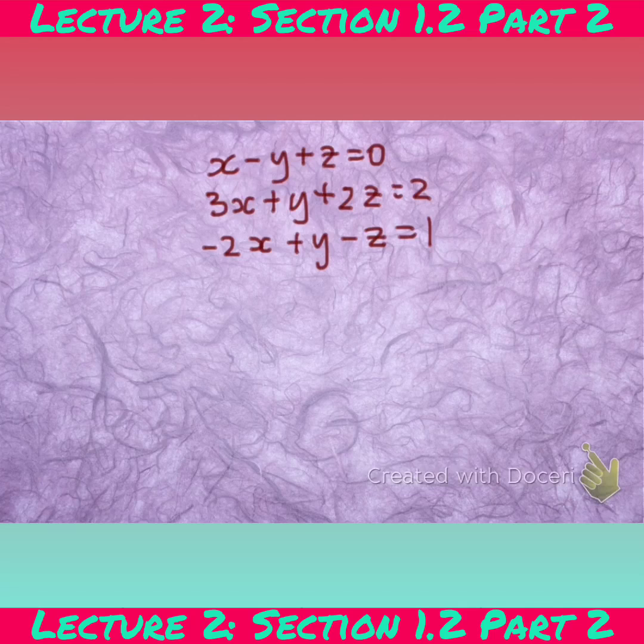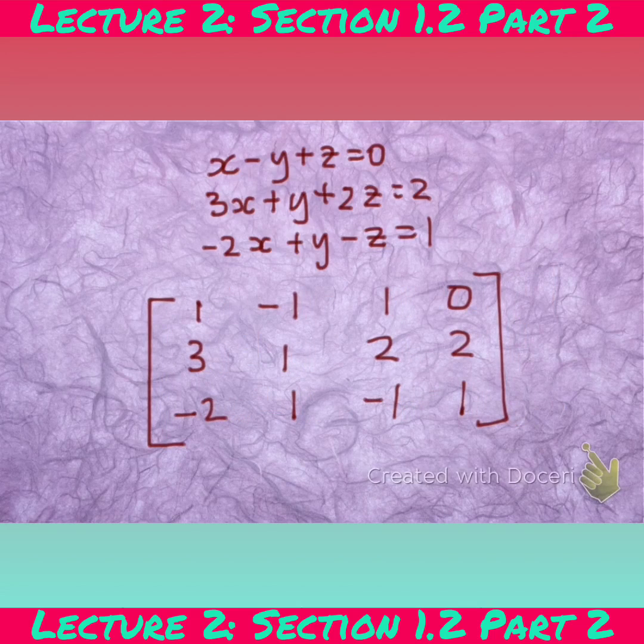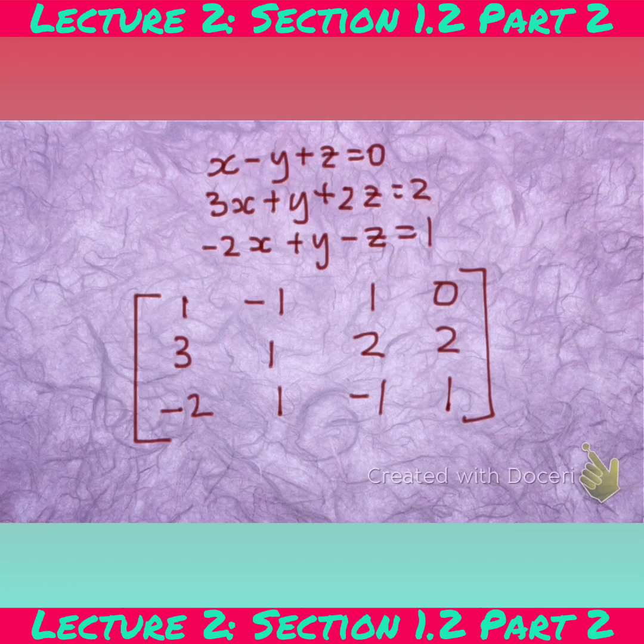Right, let's look at a quick example. So here, write down your augmented matrix. We take 3, 1, 2, and 2, minus 2, 1, minus 1, 1. Alright, so now what we do is, no zero rows to consider here, so we don't have to start off with switching initially. So now you locate the leftmost column that has at least one non-zero entry.